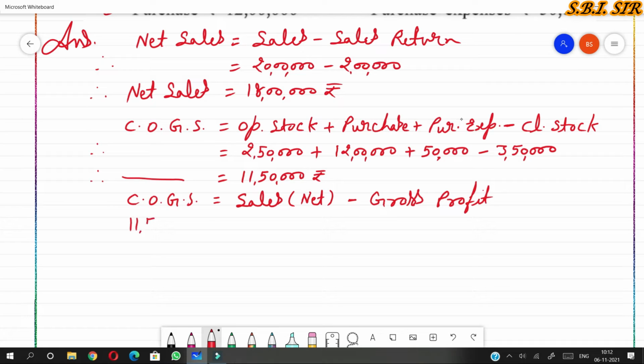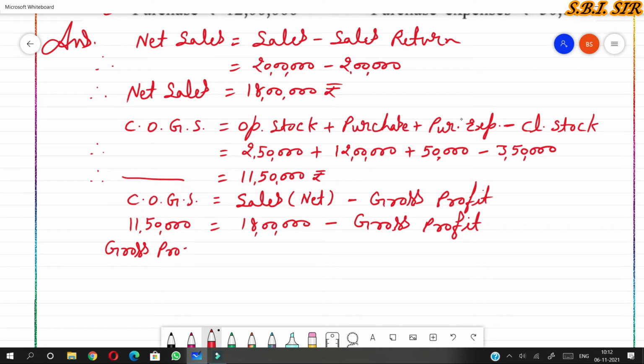COGS is 11,50,000, net sales is 18 lakh, and gross profit we have to find out. Gross profit equals, this side it will be plus, and 11,50,000 going to the other side will become minus 11,50,000. Then gross profit equals 6,50,000 rupees.